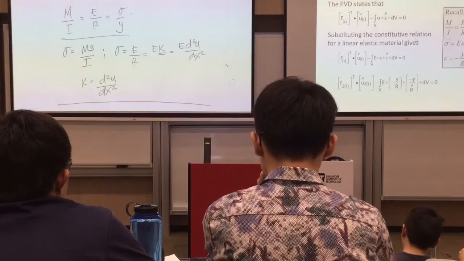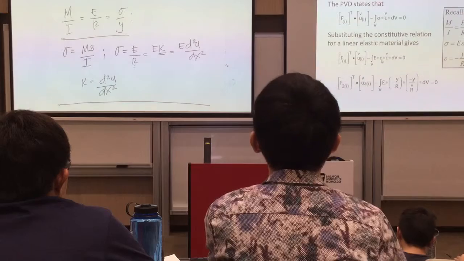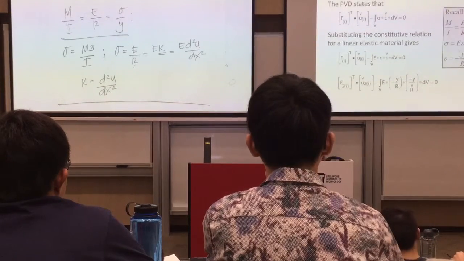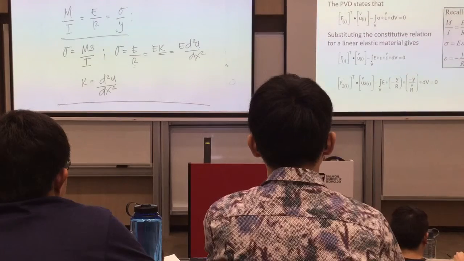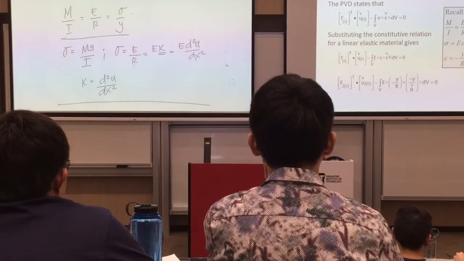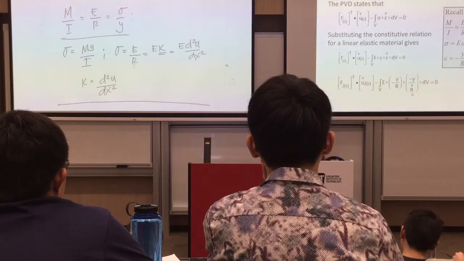So substituting the constitutive relation for a linear elastic material, you have now this one to be E multiplied by your strain. And your strain here is equal to this one here. So that's why we're going to use that K there. So minus Y, this one here, because this one is virtual, you use a virtual curvature. Yes?